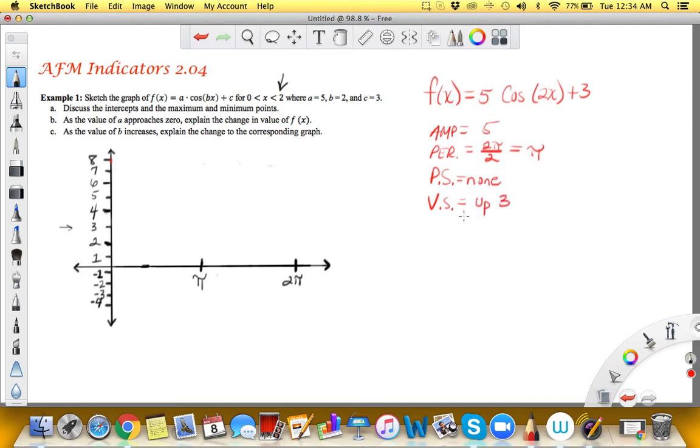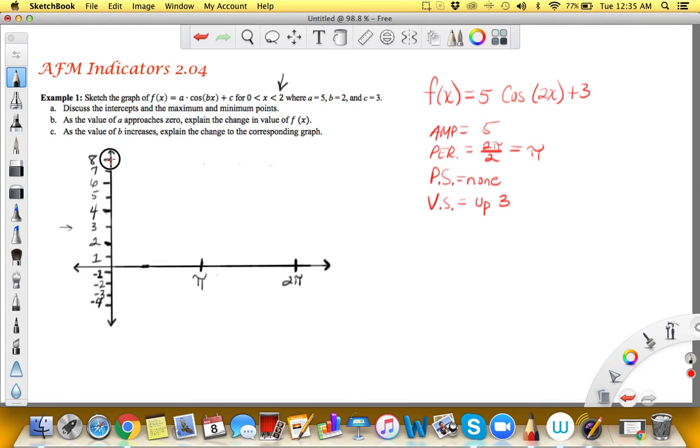Okay. Now when we graph this, typically the center of the cosine graph would be on the x-axis. But because this one has a vertical shift, and also we know that on the original parent function for the cosine function, the amplitude starts up at 1. So in this case, with the original amplitude, it would start up at 5, but it shifts up 3 units. So the original one is going to start up at 8.